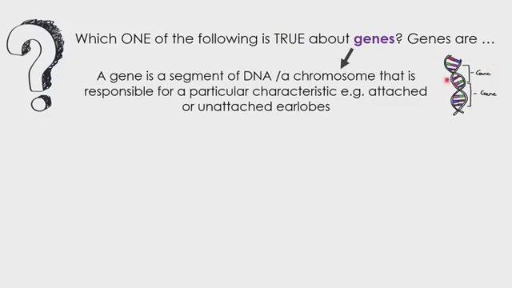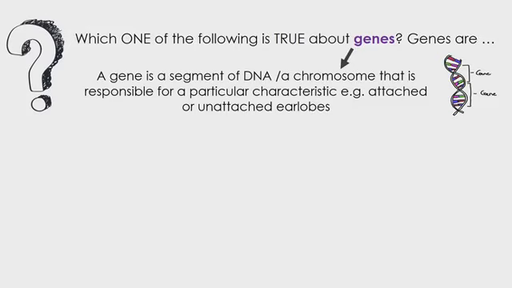All those nitrogenous bases that we see here could potentially code for one characteristic, and the nitrogenous bases just underneath could be for another characteristic. For instance, the top one could be for hair color, and the bottom one could be for an earlobe.